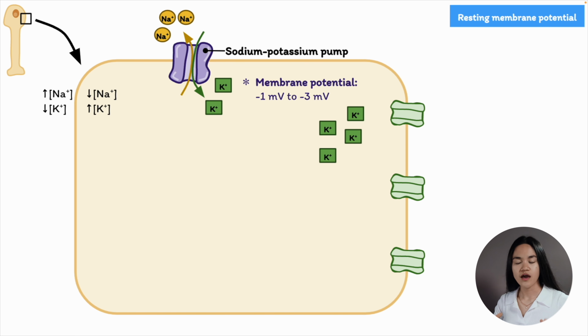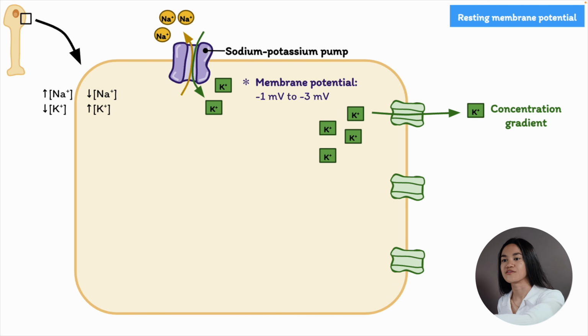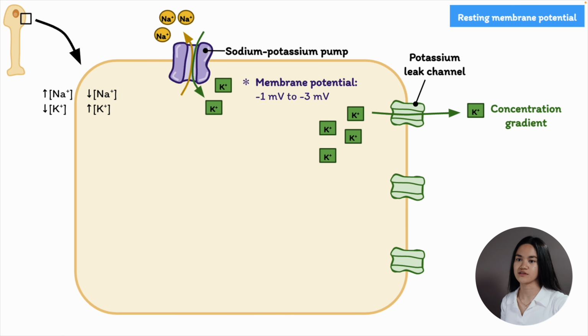And so there will be a strong concentration gradient moving potassium out of the cell through open potassium channels called leak channels, okay? It's going to move down its concentration gradient from high concentration to low concentration. And this is going to make the outside of the cell more positive, okay? Because potassium is carrying its positivity out of the cell.